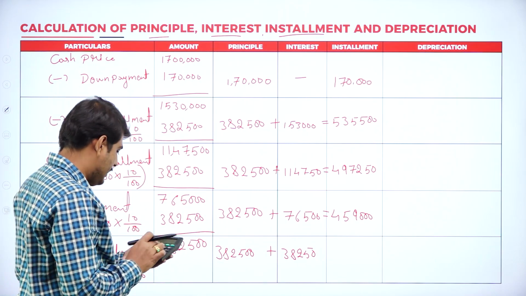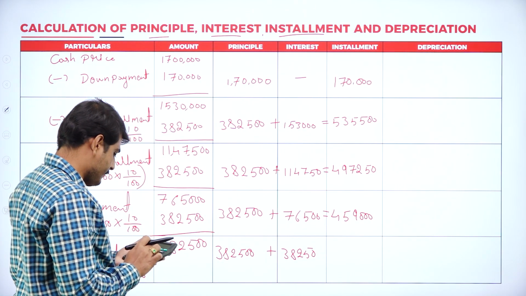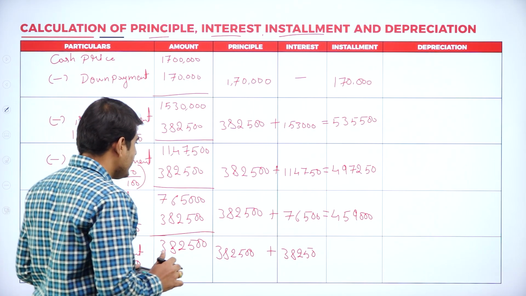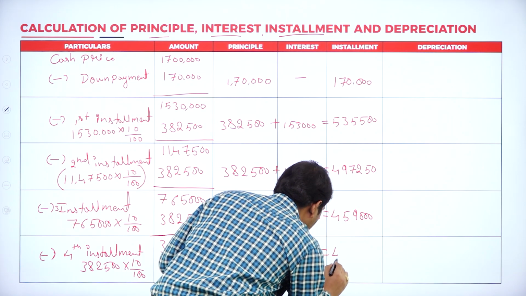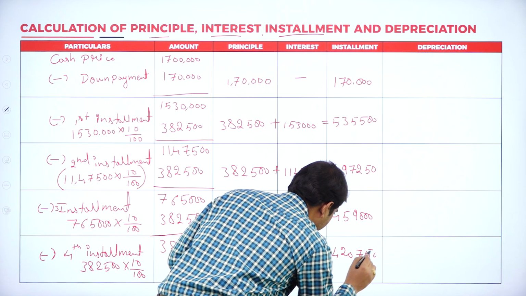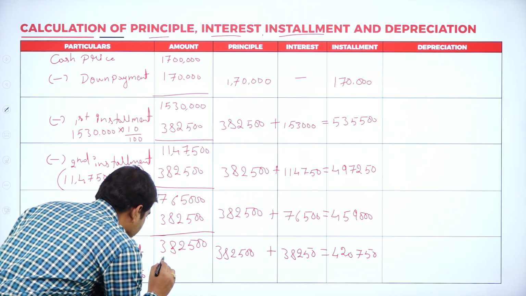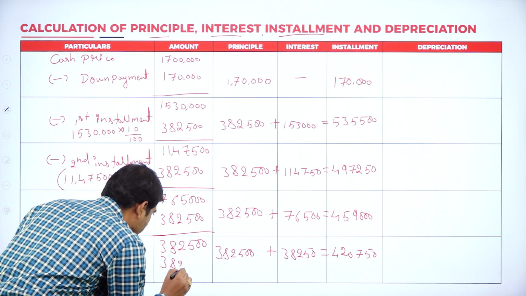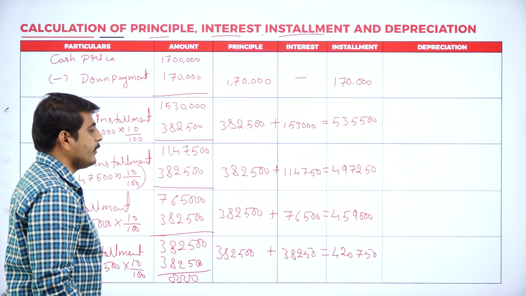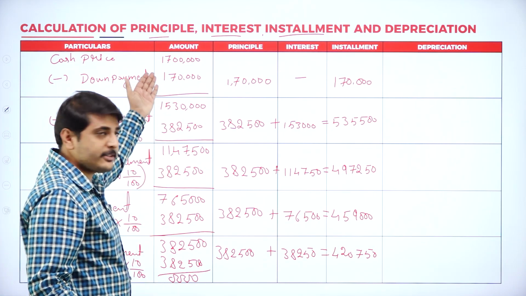Add interest, and it is 4,20,750, the installment. Deduct this principal from principal, so we'll get 0. So once again I am explaining.